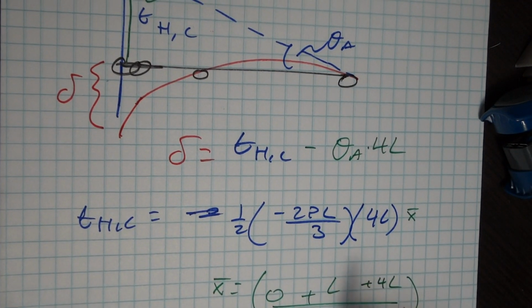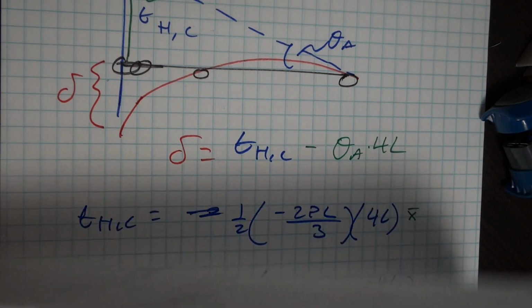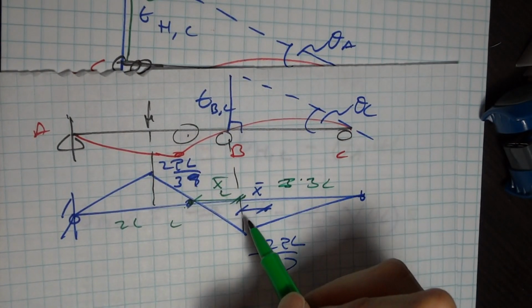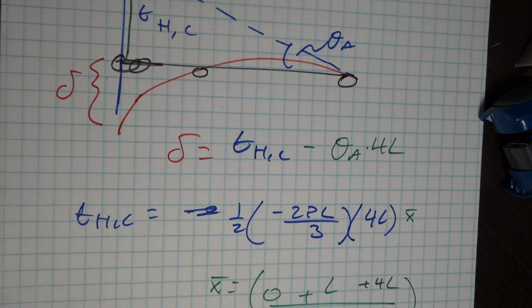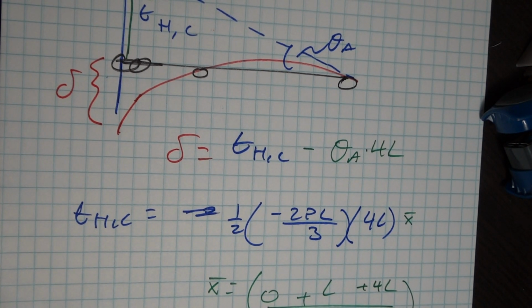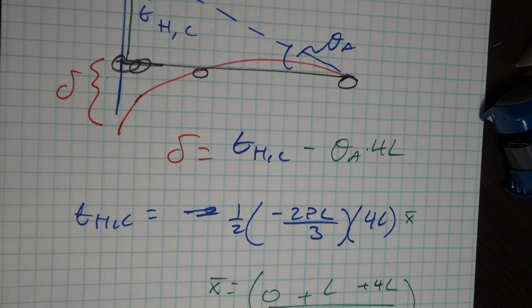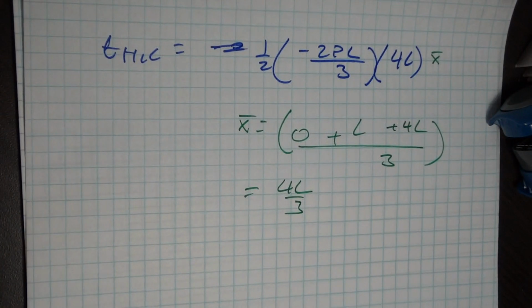You can do it another way if you'd like. You can split this up into 2 triangles and find the centroid easily. But if you don't understand where this came from, just Google centroid of a non-right triangle, and you should figure out how to do this fairly easily. 4L cubed on 3. So 4L on 3.